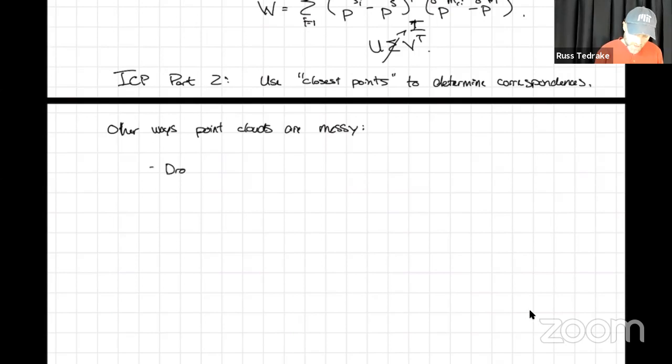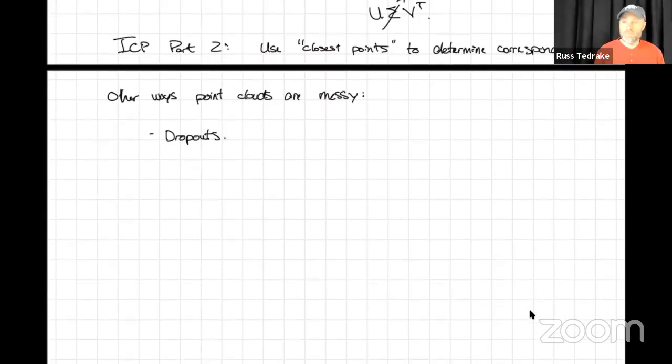We didn't talk about dropouts there, but those are very real. If you are just missing some points, you just have fewer scene points to work with, and maybe it's at least not going to screw up the scene points I do have, right?